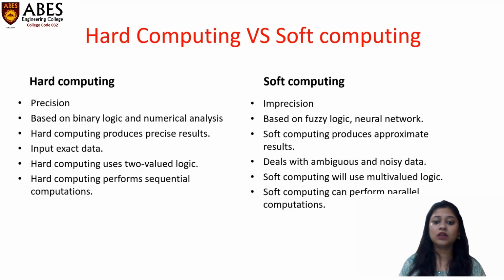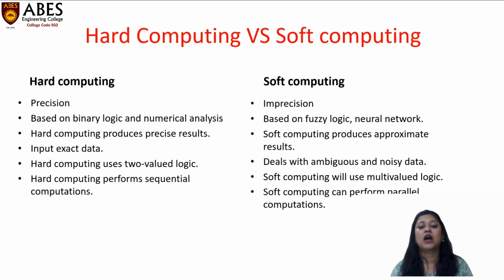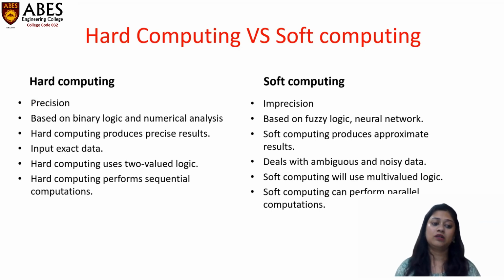So now we will discuss hard computing versus soft computing. Hard computing, as I discussed already, is precise and based on binary logic, either 0 or 1, that means the result should come or not, yes or no. It is numerical analysis, and theorems and proofs are available.